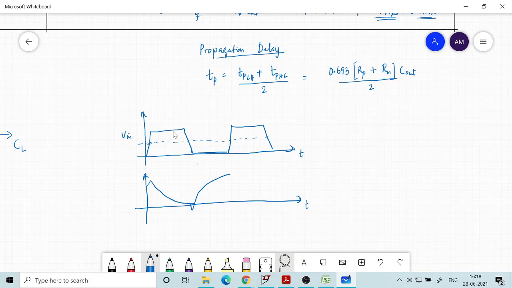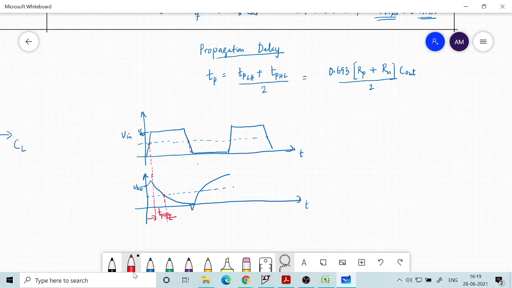This is V_DD, this is also V_DD, and the 50% point is here. So the difference between the input 50% and the output 50% is our T_PHL.